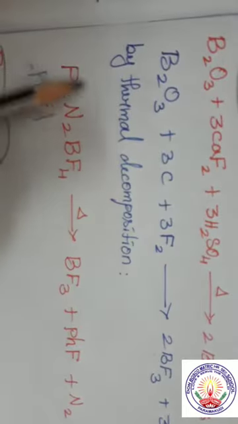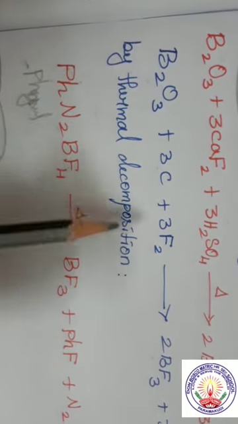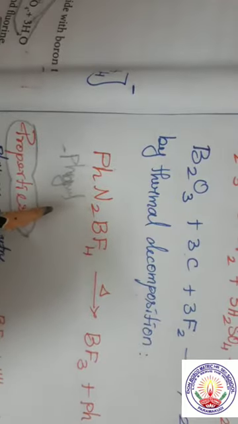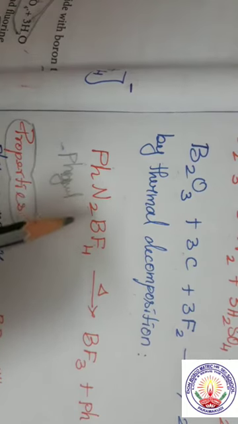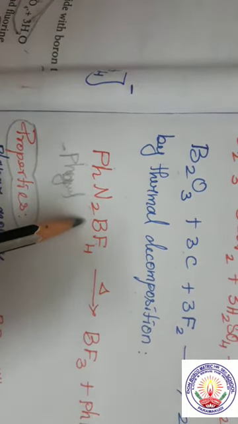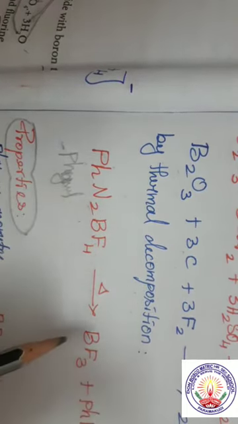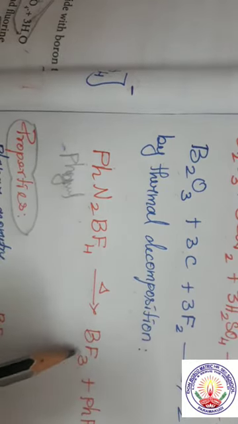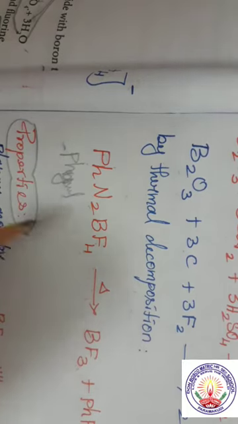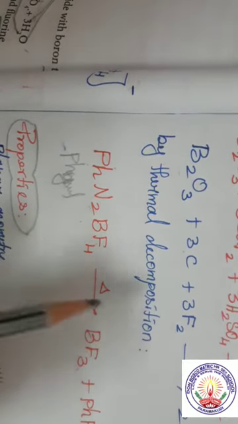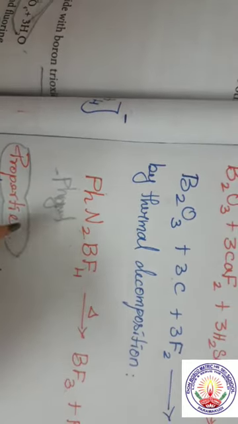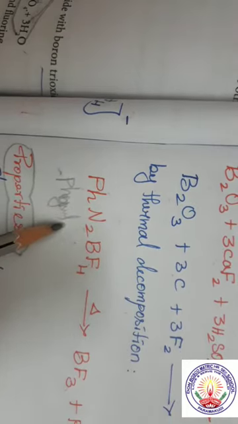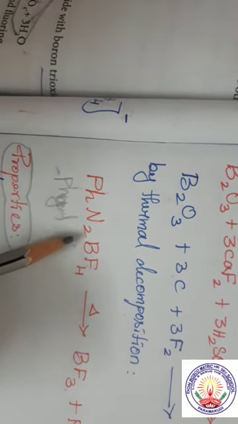The third one is the thermal decomposition method. Here we are preparing it in a laboratory. Pure boron trifluoride can be prepared in the laboratory by the thermal decomposition method using benzene diazonium tetrafluoroborate.